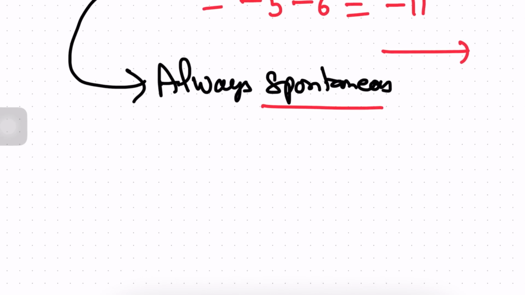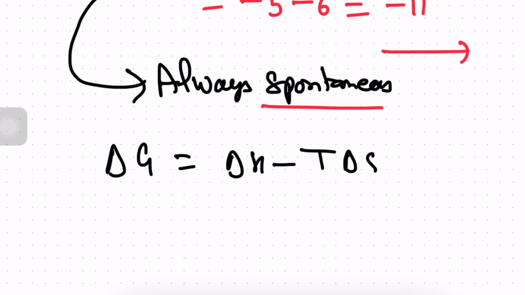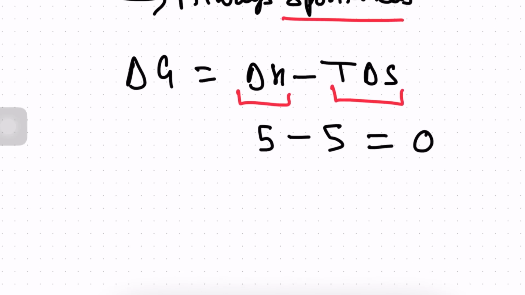Now I also want to tell you, if you see delta G is equal to delta H minus T delta S, let us suppose this value and this value are equal. Delta H is equal to 5, and if you calculate this it also comes 5. So 5 minus 5 is equal to 0.